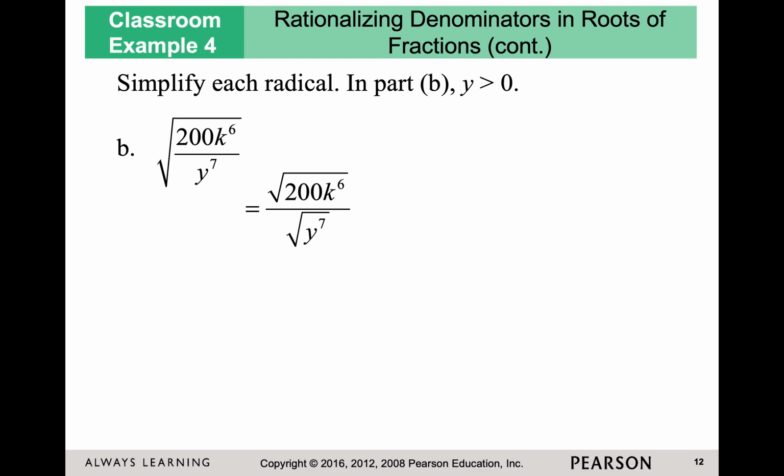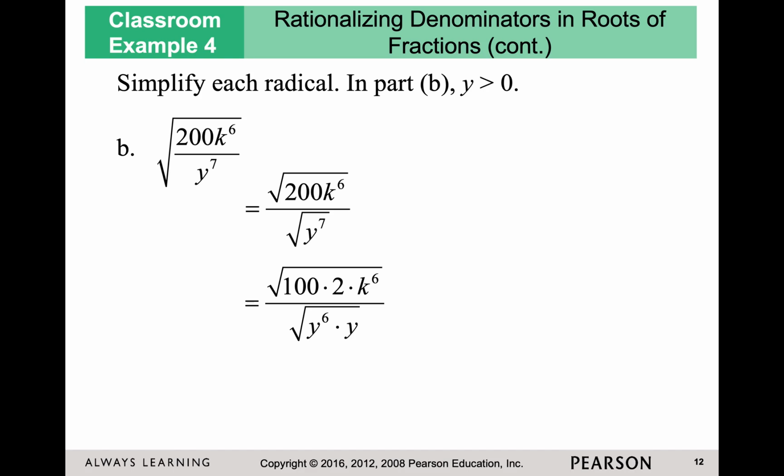Well, I can make it y squared times y squared times y squared times y. And all of those y squareds will be able to simplify. The same is true with k. I could write k as k squared times k squared times k squared, just like we did in the previous sections. I can break 200 up into the square root of 100 times 2.